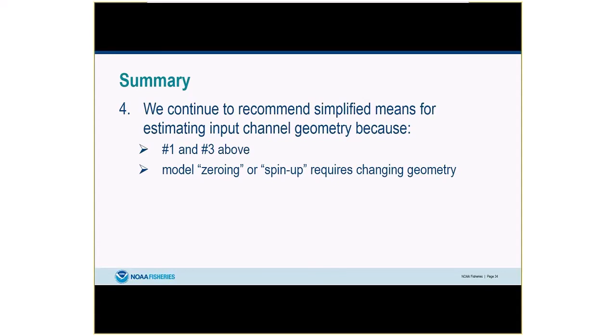So there's a question, even if you have really detailed input cross-sections or detailed long profiles, if the modeler is going to change those anyway in this zeroing or spin-up process, it raises a question, along with the other two reasons I gave above, as to whether or not the extra expenditure is worth it.